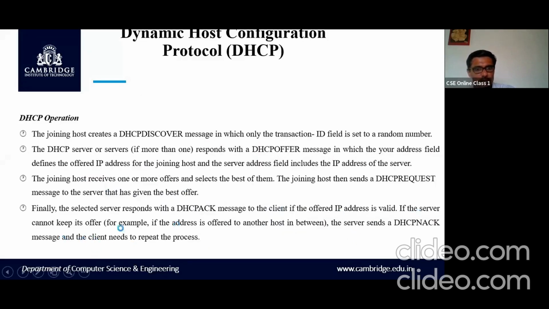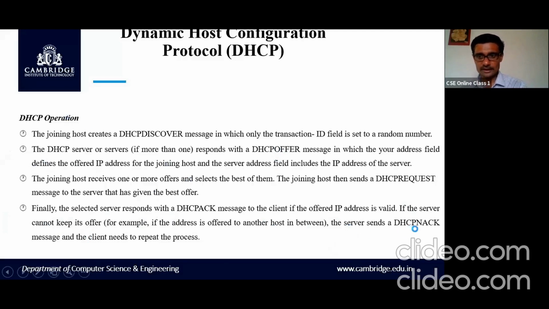message. In what case will it send this? If the server cannot keep its offer, that means by the time this DHCP offer goes to the server, the same address may be allotted to somebody else, some other host, either dynamically or statically. In such a case, the server cannot offer that address to the host.